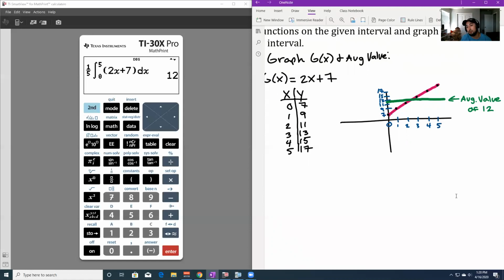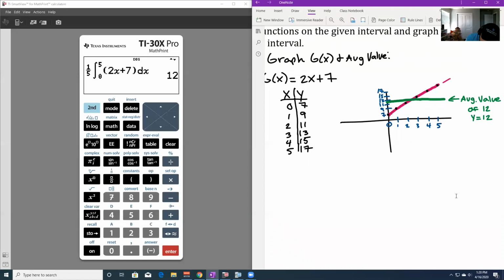Average value of 12. All right. And it's also a horizontal line, so it's y equals 12.